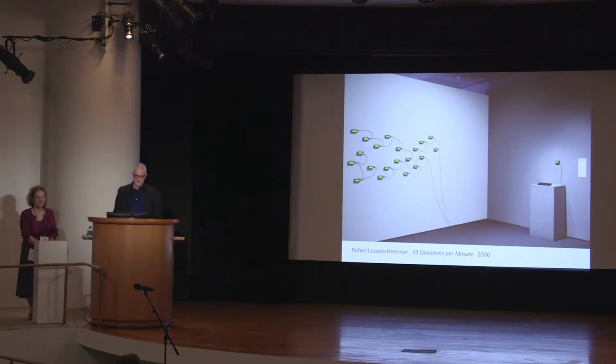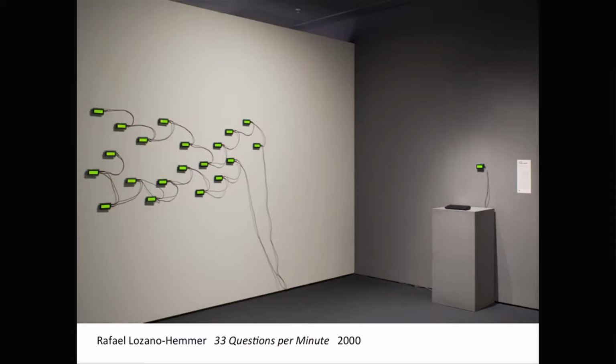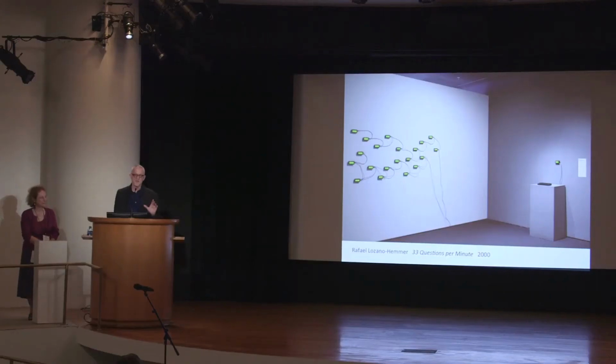The third one is 33 Questions per Minute by Rafael Lozano-Hemmer, 2000. It consists of 21 small LCD screens. It's a text-based work that generates questions in several different languages, supposedly randomly, at a rate of 33 per minute, which is, he says, the sort of threshold for human understanding, or the ability to read questions on these screens.